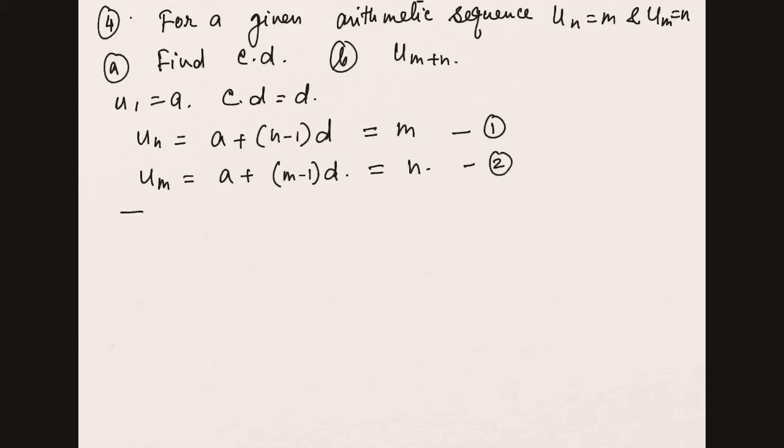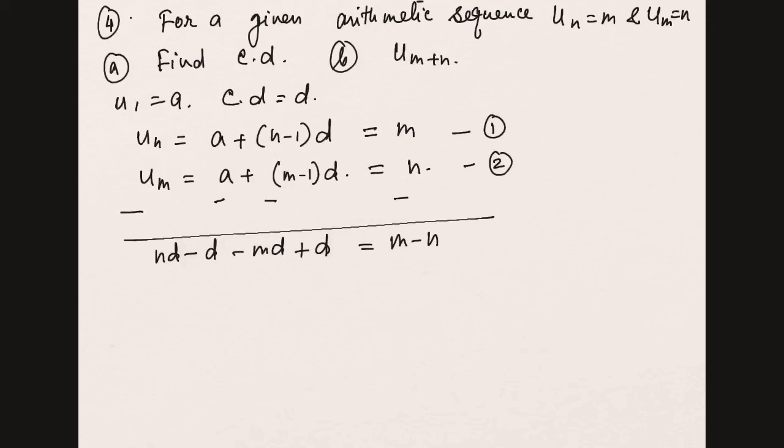Okay, first do the subtraction over here. Here I am getting, by subtracting, the a is nullifying on this side, and n minus 1 means nd minus d, and here it is also minus md plus d equals m minus n. I'm nullifying d and d, getting d common.